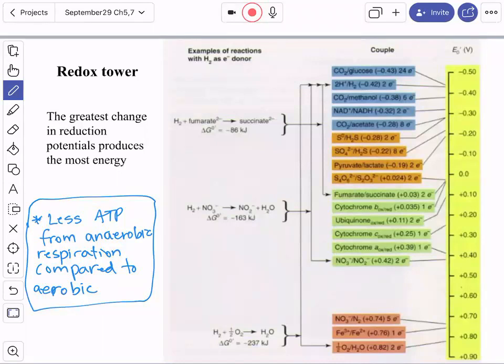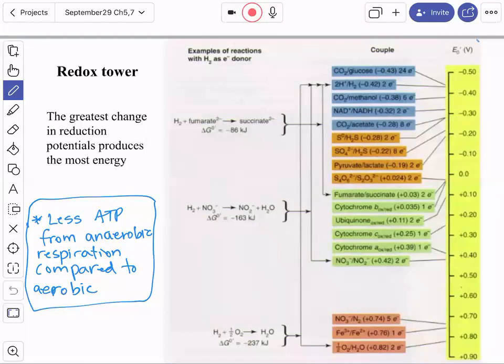Okay, so the reason that organisms that respire anaerobically always get less energy out of that process than if oxygen is the final electron acceptor has to do with this redox tower. Basically, we can put electrodes into cells and measure the reduction potential. It's amazing to me that they can measure all this.